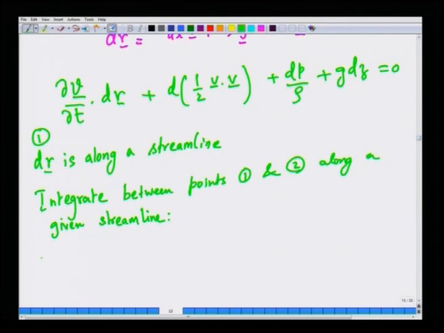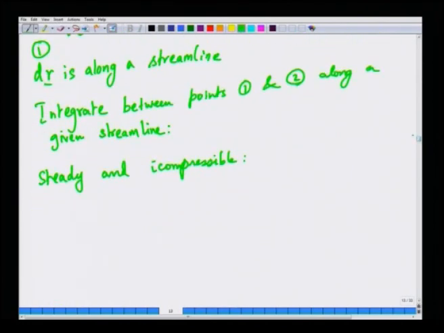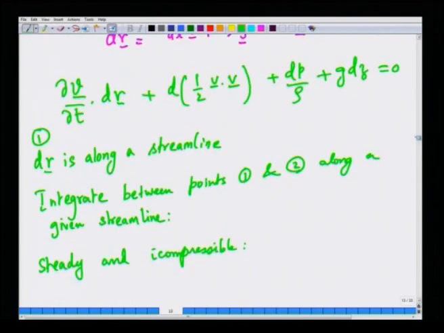Now, further make the assumption that the flow is steady and incompressible. If the flow is steady, then this term goes away. If the flow is incompressible, rho is a constant.